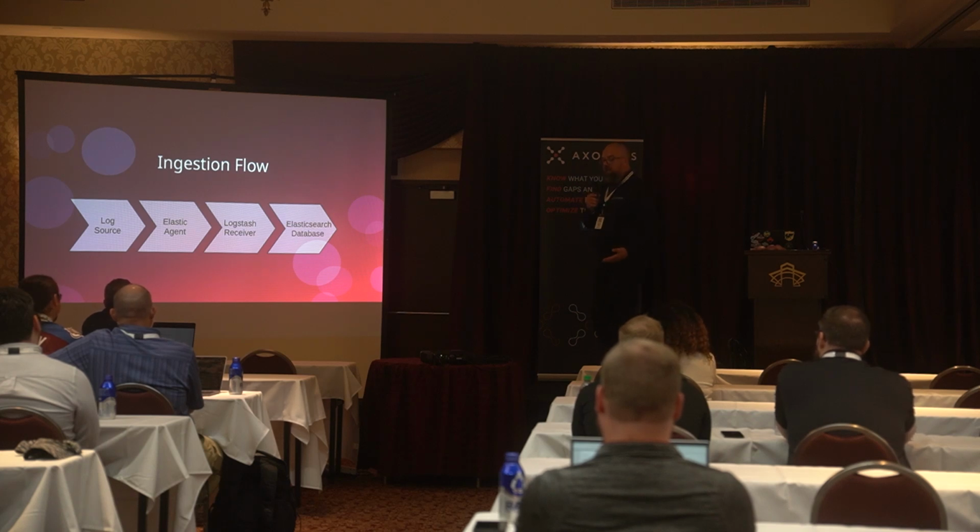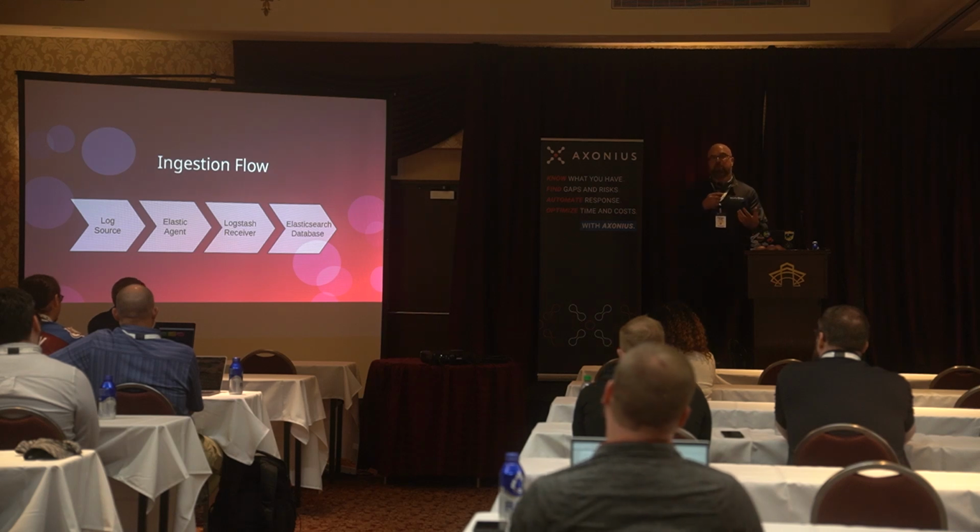But in any case, it's a log, it's a piece of information generated in your environment that you want to ingest, right? We take that piece of information, we capture it using the Elastic agent, either by reading a local file, by receiving it over UDP, by reaching out, making an API call to retrieve it. Whatever we do, the Elastic agent is involved.